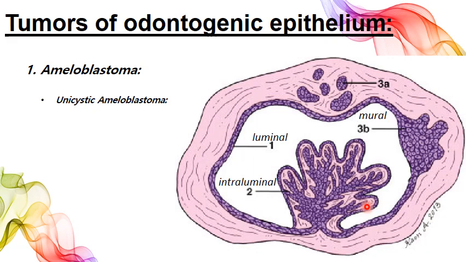The third type is the mural unicystic ameloblastoma, in which the fibrous wall of the cyst is infiltrated by typical follicular or plexiform ameloblastoma. The extent and depth of ameloblastic infiltration is variable.